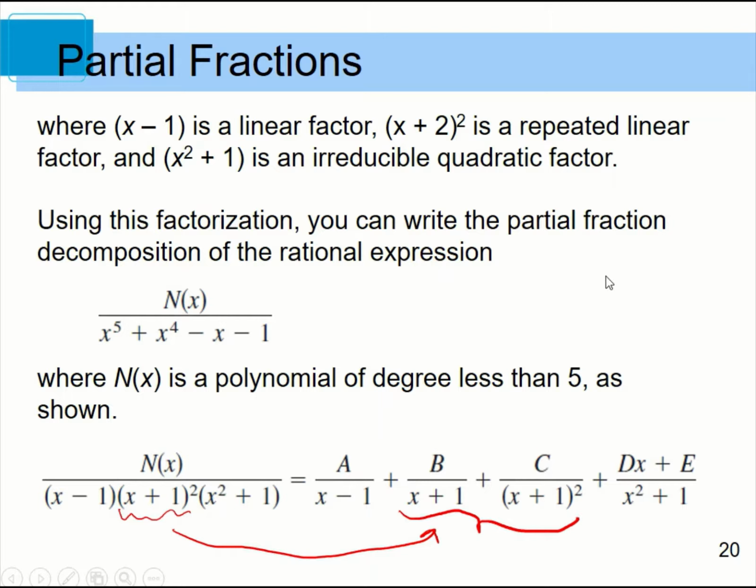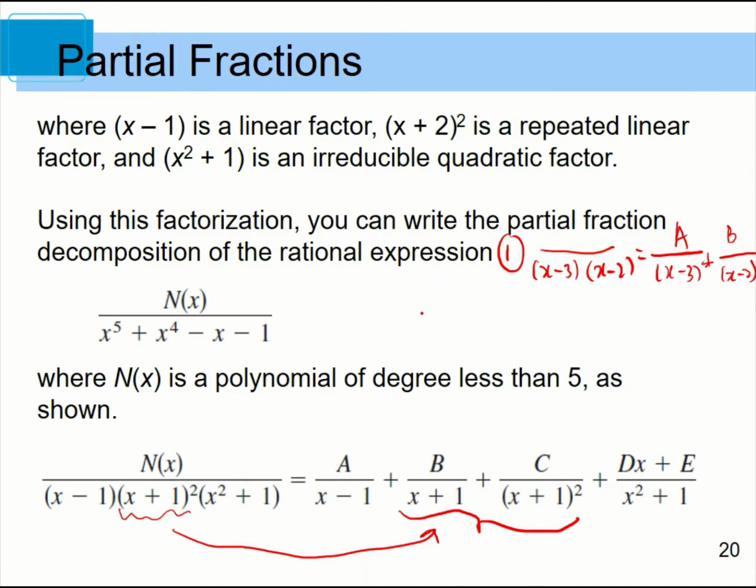As a summary, we have three types here. The first type is when we have x minus 3, x minus 2. This one we can decompose into a over x minus 3 plus b over x minus 2.